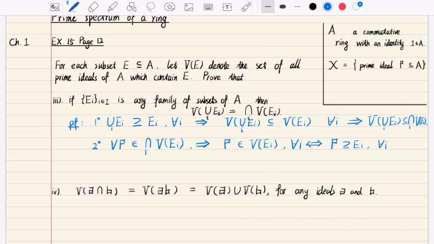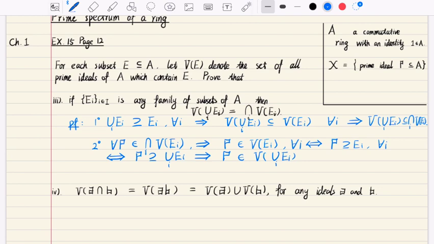Then this is equivalent to P containing the union of the E_i. So P belongs to V of the union of E_i.